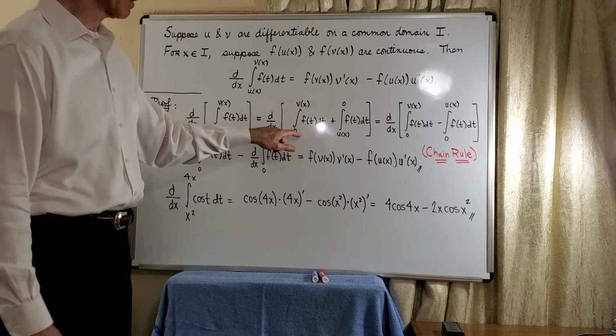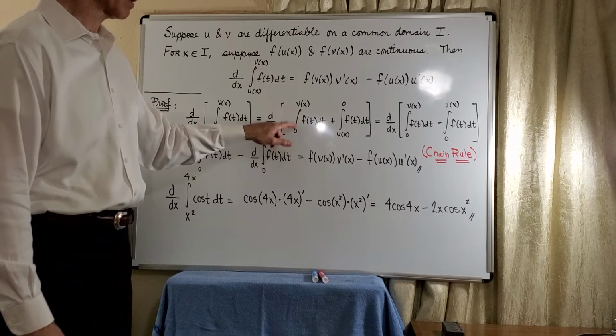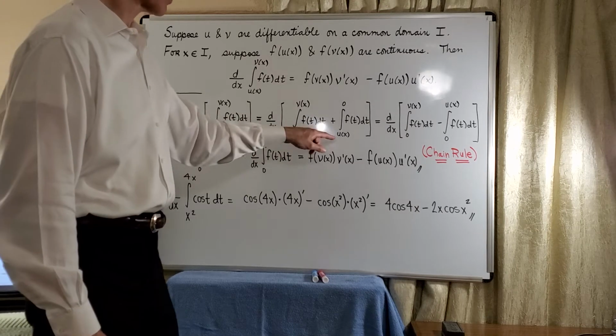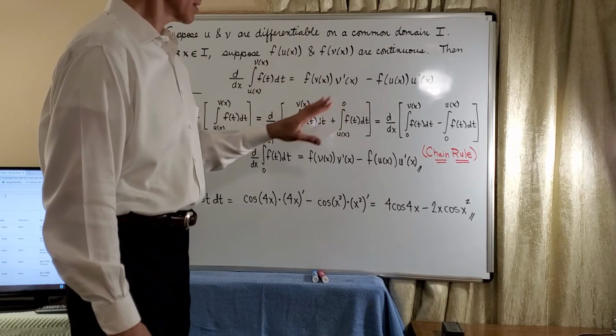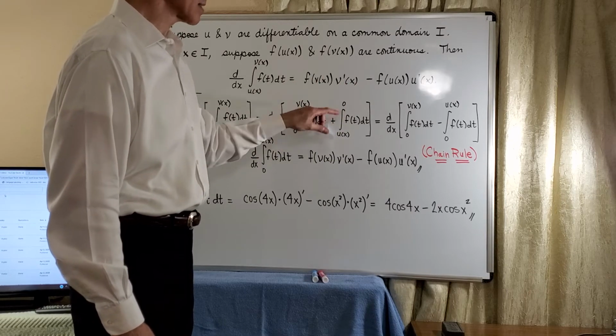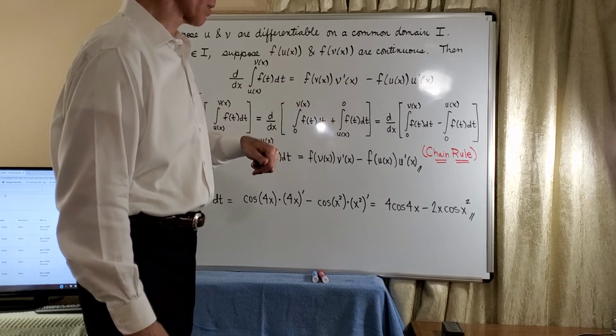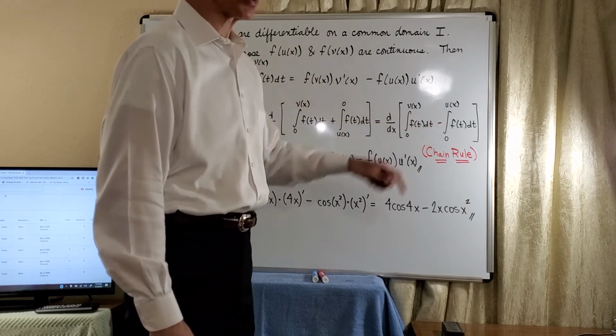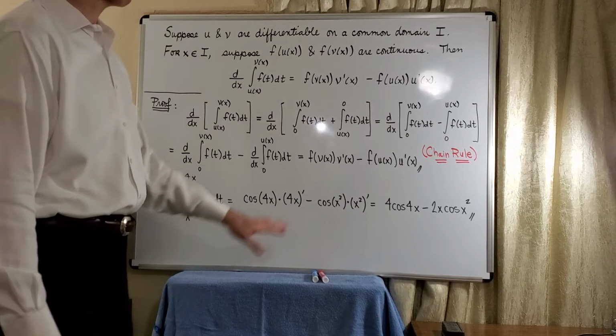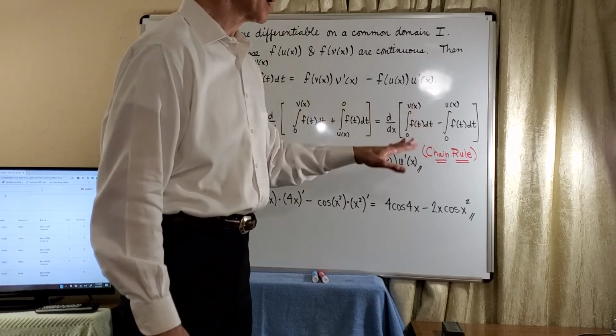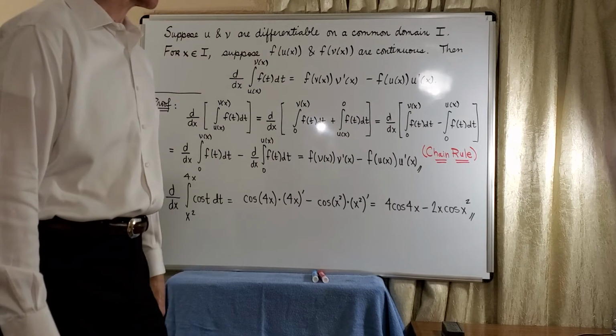This is already ready because we have the constant lower limit, variable upper limit. To make this look like this, what we want to do is interchange the limits of integration. In doing that, we introduce the negative sign.